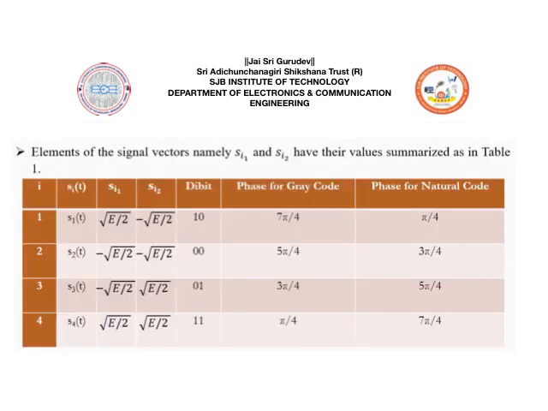Now this is table 1, which I mentioned previously, in which we have written the phase for the Gray code as well as the phase value for the natural code. Here the elements of the signal vectors, namely si1 and si2, have their values summarized for both Gray code as well as the natural code.